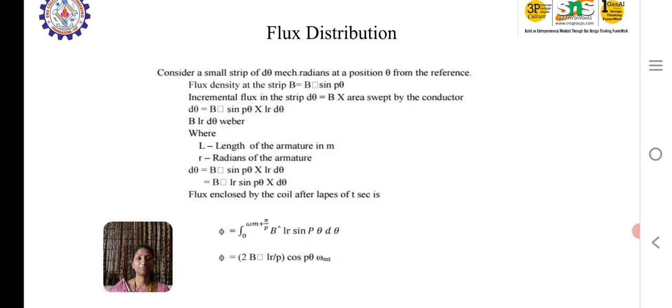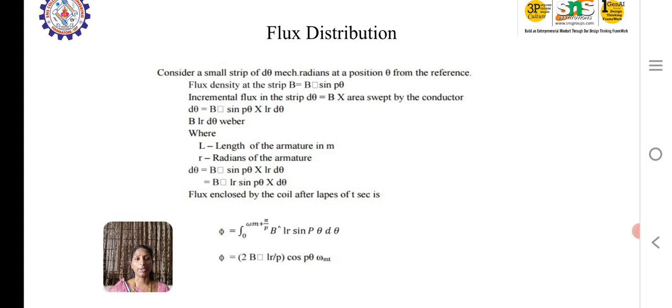Now the flux enclosed by the coil after some t seconds: if we consider, then the angle becomes omega m t plus pi by p. So let us integrate the d phi equation with angle 0 to omega m t plus pi by p.